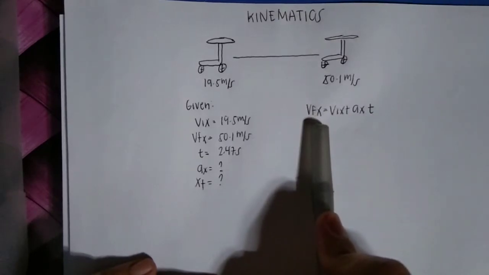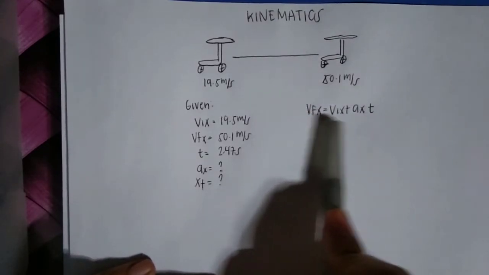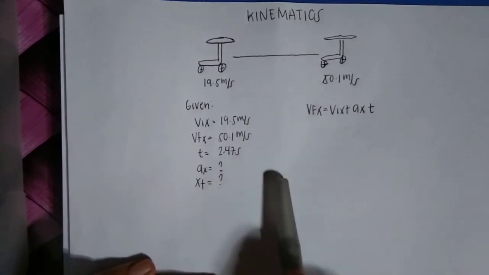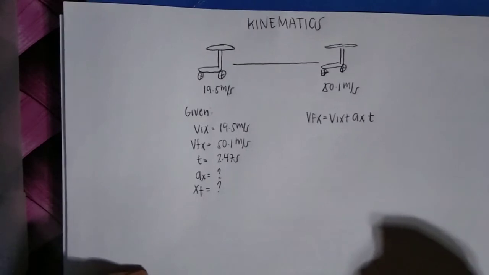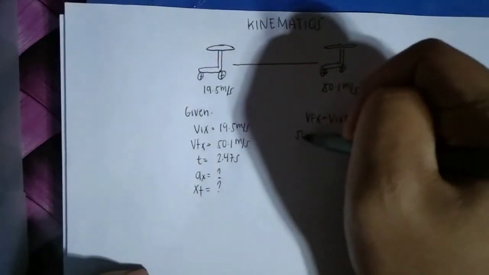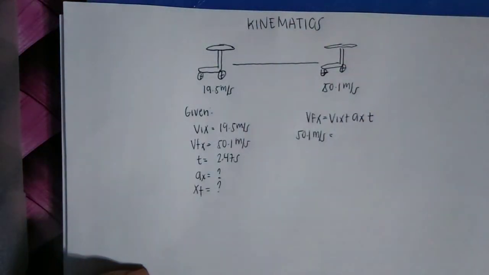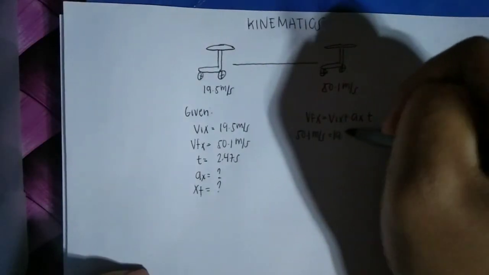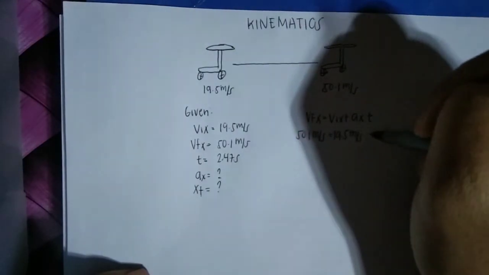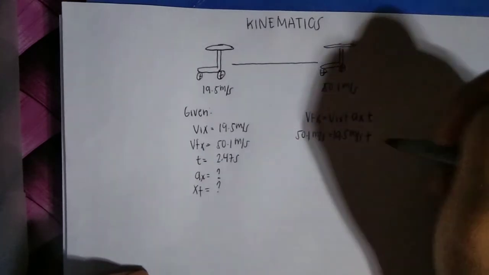Kaya ito yung gagamitin natin formula kasi may mga value sa formula na to na given na sa problem. So, i-substitute na lang natin. So, ang ating final velocity is equal to 50.1 meters per second is equal to, ang ating initial velocity ay 19.5 meters per second plus yung acceleration.